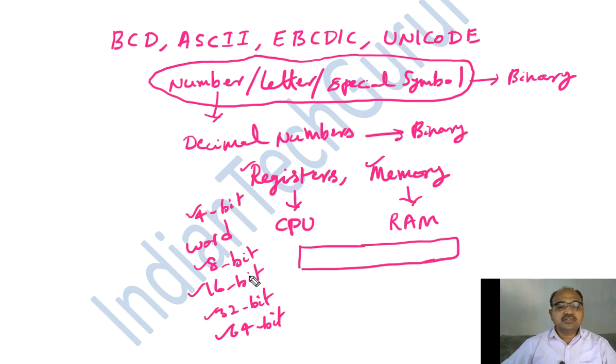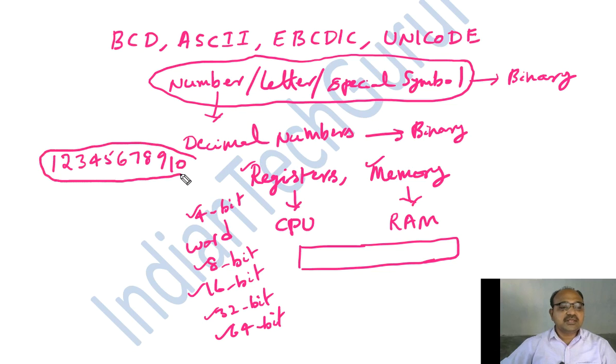Then what if I want to convert a decimal number such as 1, 2, 3, 4, 5, 6, 7, 8, 9, 1, 0, and store it inside of the computer system?